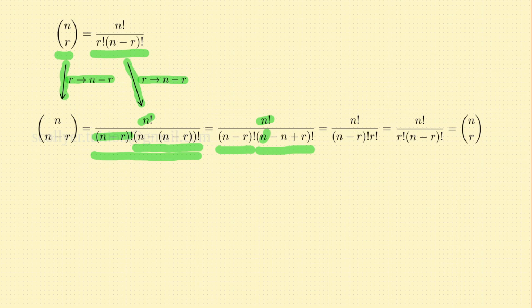The n's cancel to give us n factorial over n minus r factorial times r factorial, which we can write as n factorial over r factorial times n minus r factorial, which is precisely n choose r. So we are done.